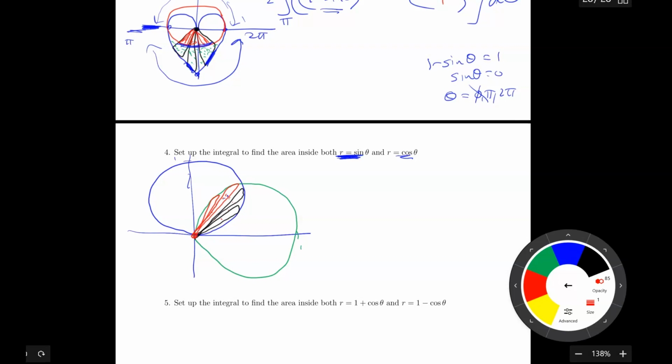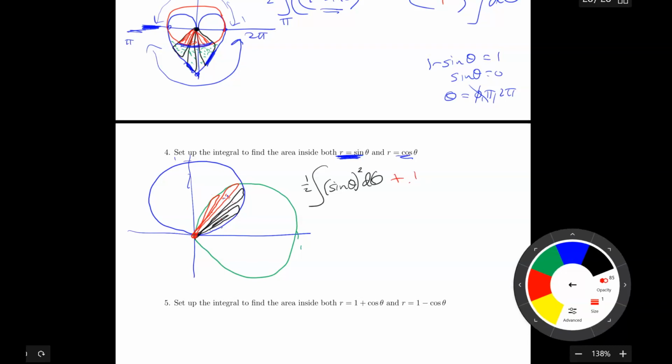They just happen to touch different curves. So to get the area of these black sectors, it's going to be 1/2, and that's going to be the blue curve. So that's sine theta squared d theta, and then plus 1/2, and that's going to be the cosine theta squared d theta.